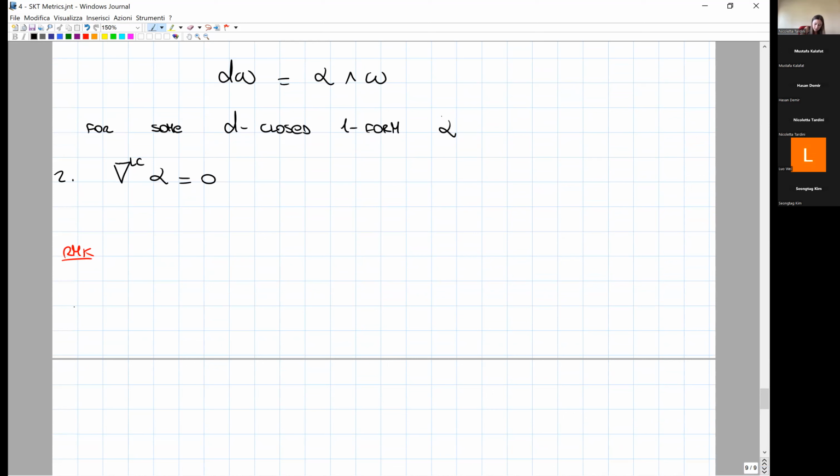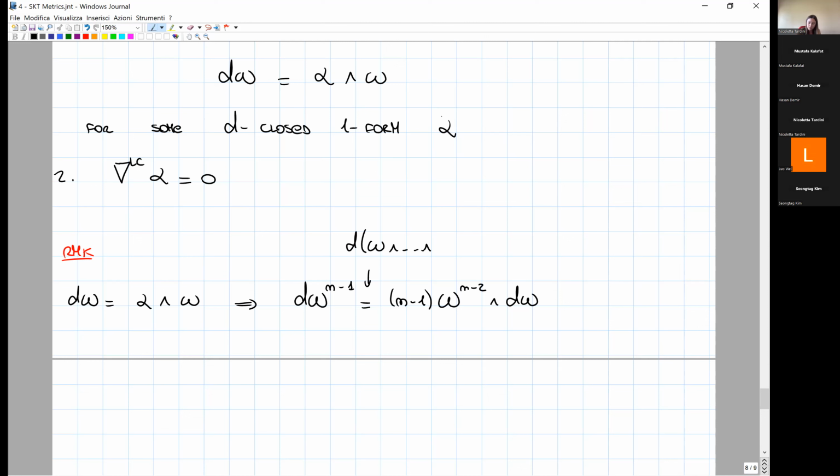So notice that if d omega is equal to alpha wedge omega, then if you compute d of omega^(n-1), this is d omega wedge omega, etc. So it's just (n-1) omega^(n-2) wedge d omega, because you are applying d to the wedge product of omega, n-1 times.